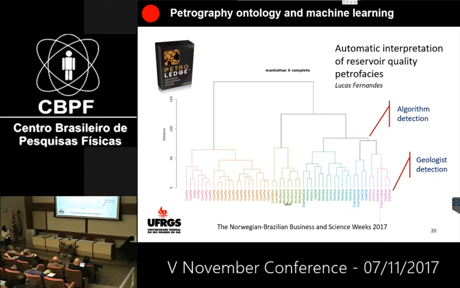You can see some small mistakes here and here, but mostly the algorithm can separate without training the same petrofacies that Luis Fernando de Rose has done, who is our biggest expert in diagenesis. The same separation, there is a small difference.